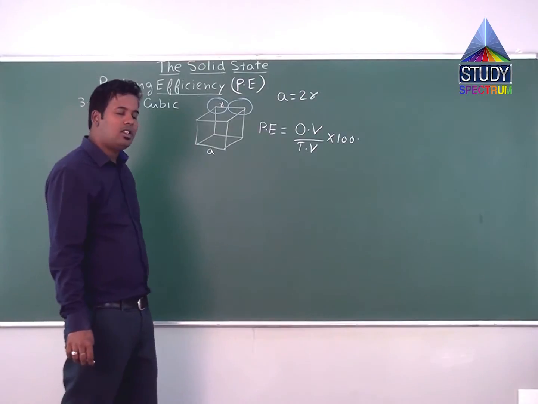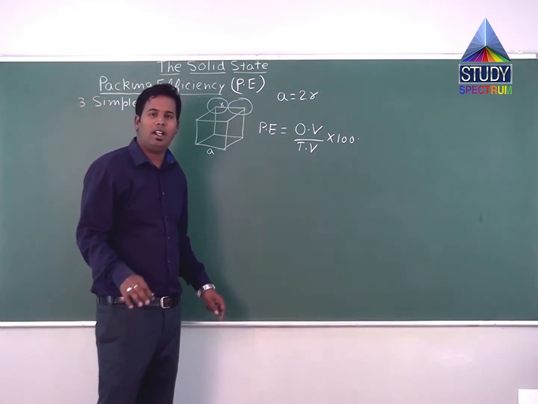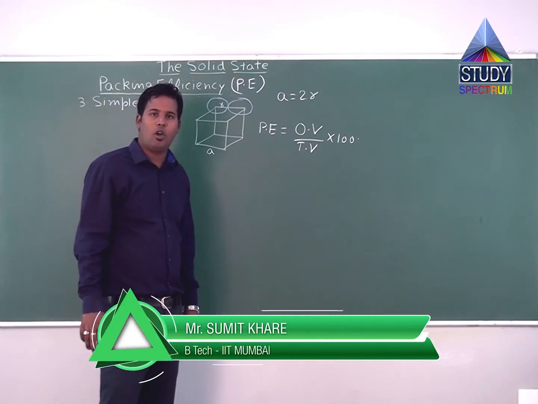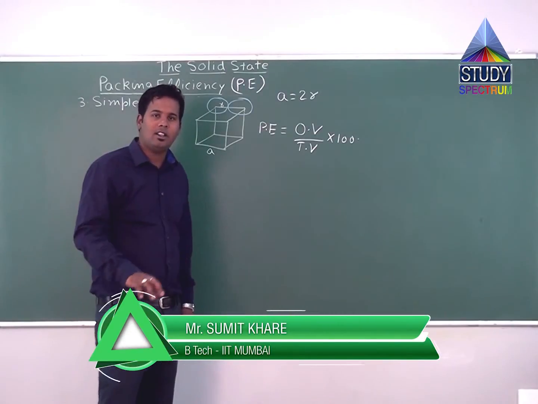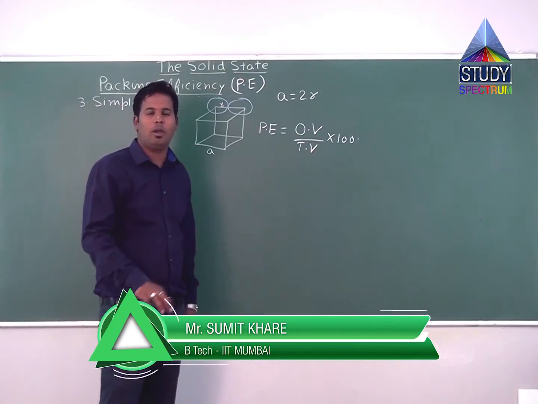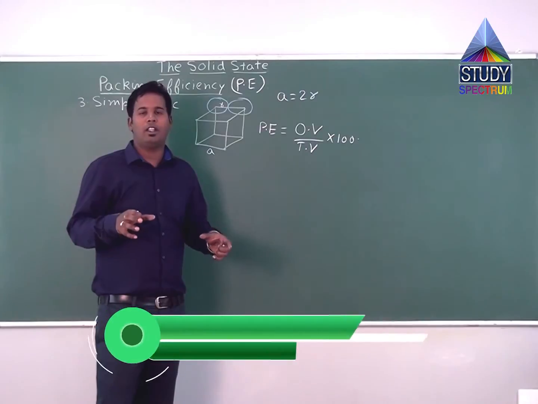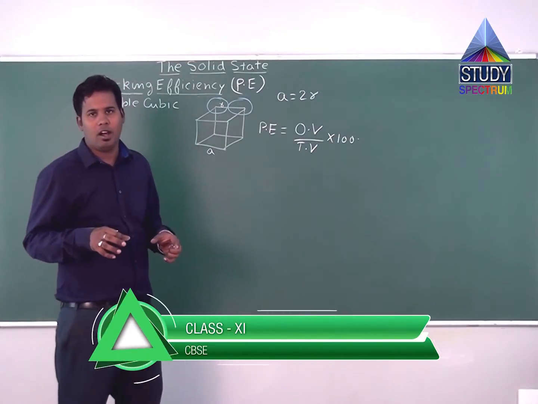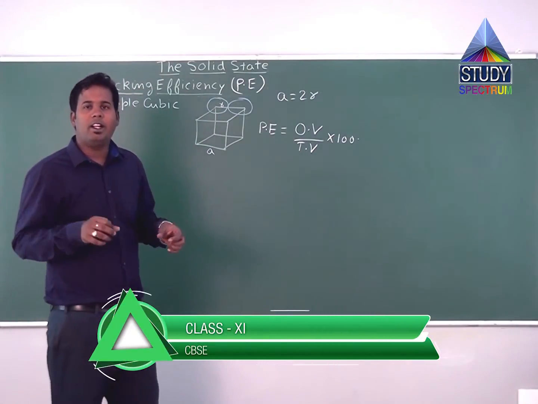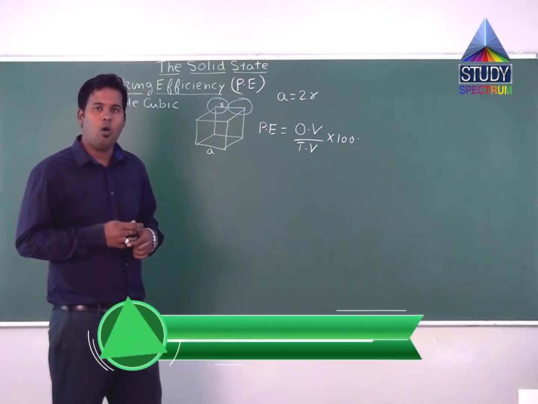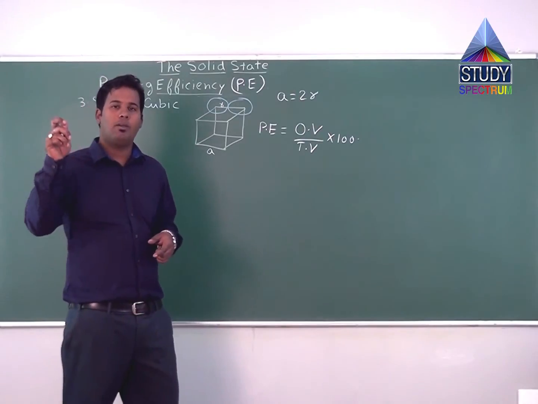Now if you remember, since the spheres are present only at the corners of this unit cell, only 1/8 portion of each sphere lies inside this cube. It means if you join all those 1/8 portions of each sphere coming from each of the 8 corners, it will result in one effective sphere. How? 1/8 plus 1/8 plus 1/8, 8 times.